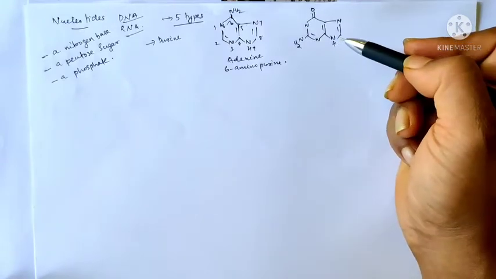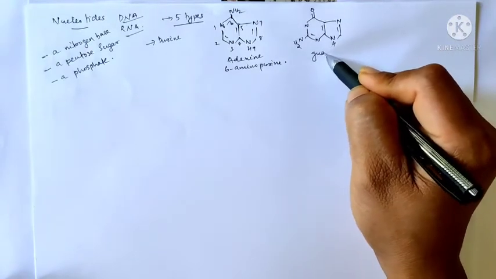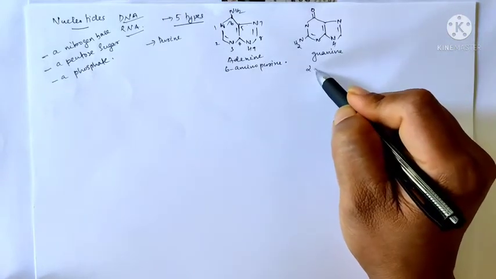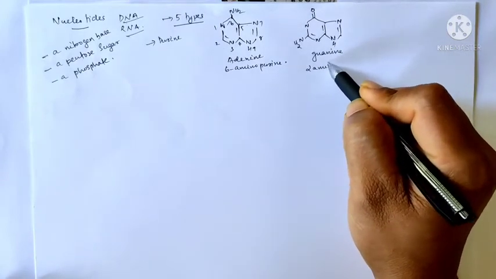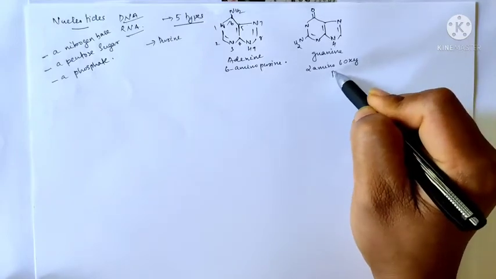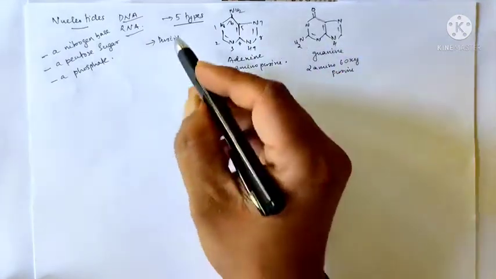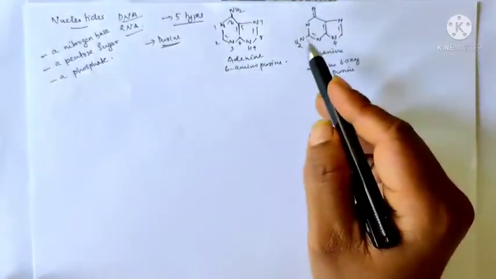This is guanine, that is 2-amino 6-oxypurine. These two nitrogen bases are based on purine nucleus.